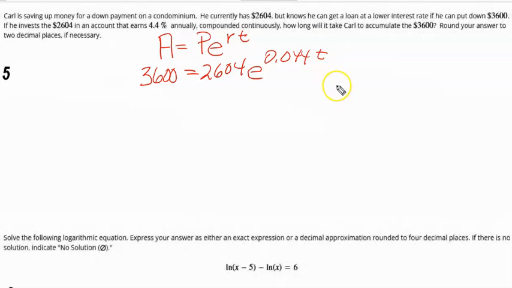So pause, reflect, what tool can we use? Well, since it's in e, we can convert this to natural logs. First thing we want to do is get rid of this by dividing both sides by this. And to clean this up a little bit, now this part here is just 1, so I can erase that.